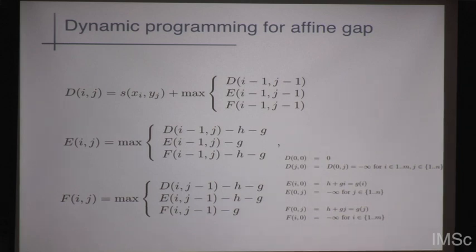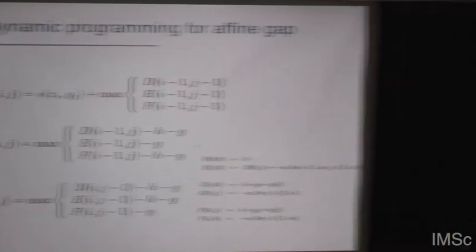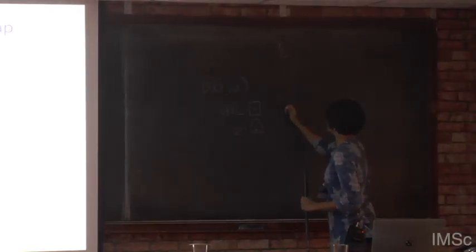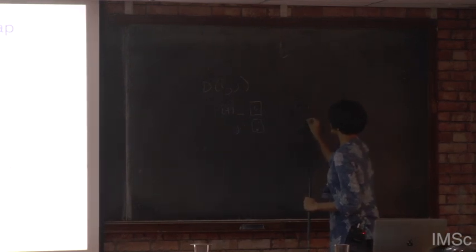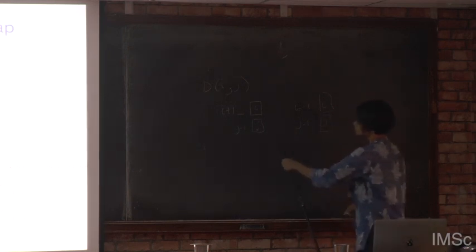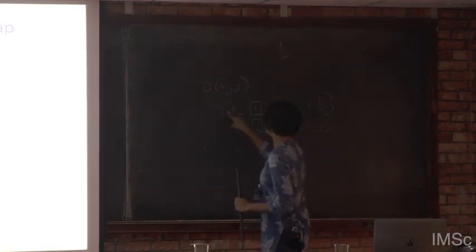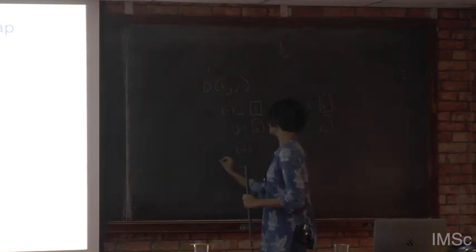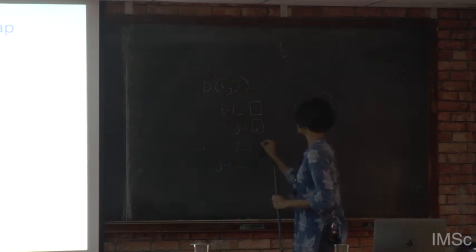So when you're filling the D up, if you're aligning the I and the jth character, it doesn't matter whether you're extending something like this, or you have I minus 1, j minus 1 aligned and now you're doing an I and a j, or the reverse where you have an I minus 1 with a gap, j minus 1 here or anything here, doesn't matter.